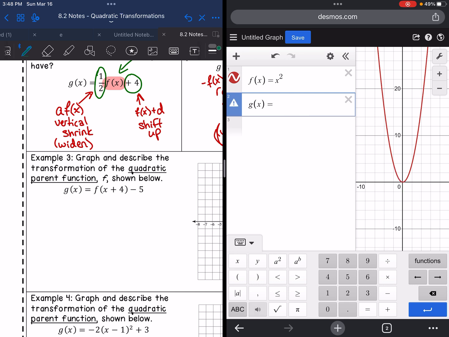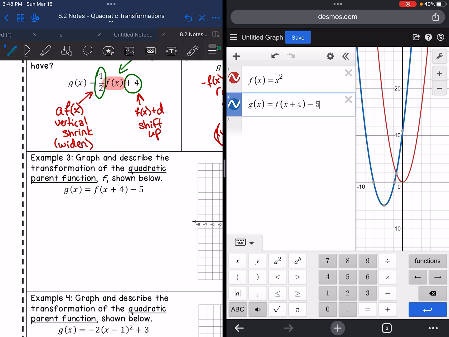So my new one, it says f of x plus 4 minus 5. And so I just typed in this function right here. I'm leaving that f of x equals x squared as my first line because I have an f in this new function, so I need something for it to reference to. And it lets me see what this looks like on the graph.